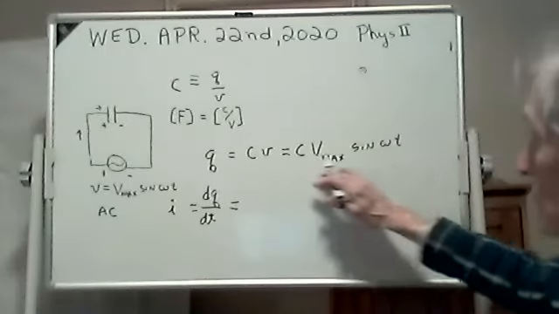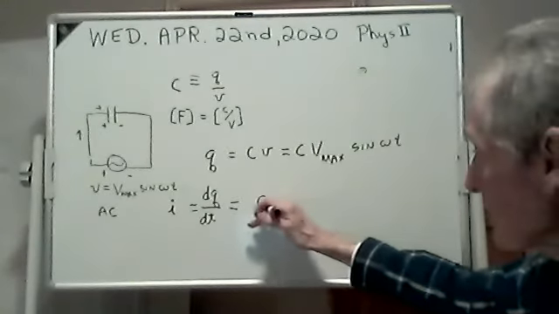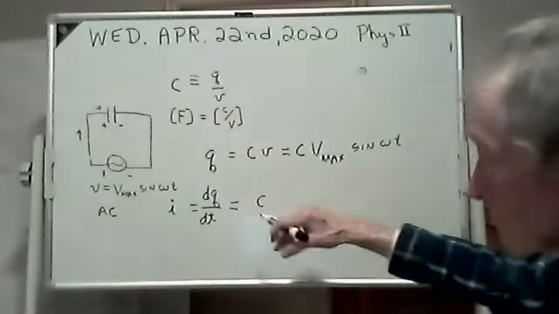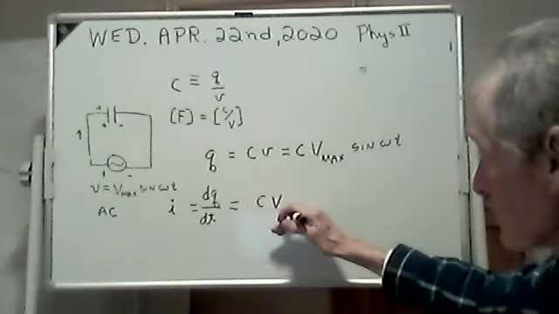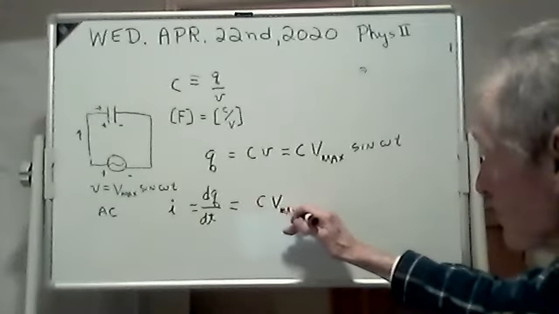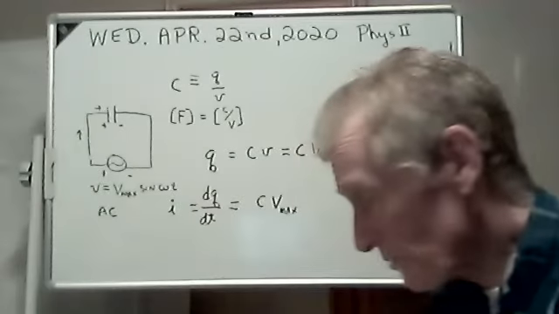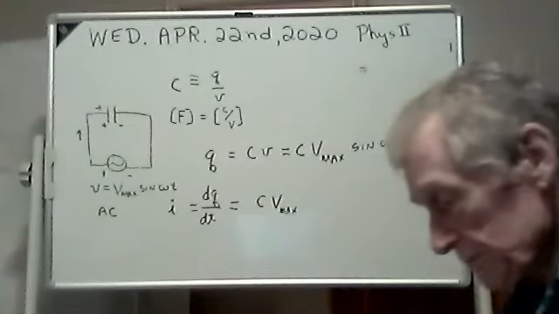Now, when you take the derivative of this, that's just a constant. That's C. C is a constant, whatever it is, 120 microfarads. It doesn't change. And V max, that's not going to change. The V max, that's when you plug in stuff into your wall socket, it's really a constant.